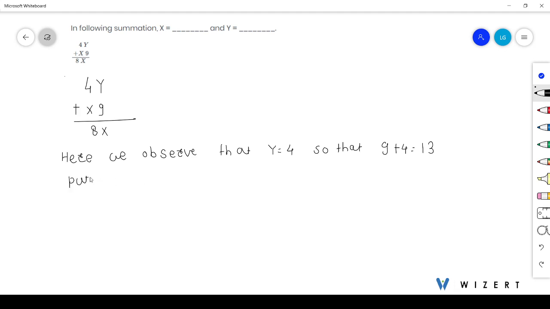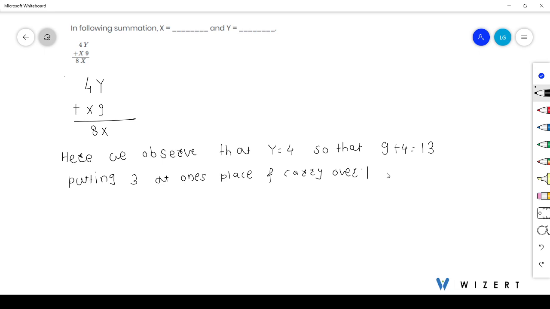Now, putting 3 at one's place and carry over 1 to tens place, that is 4.